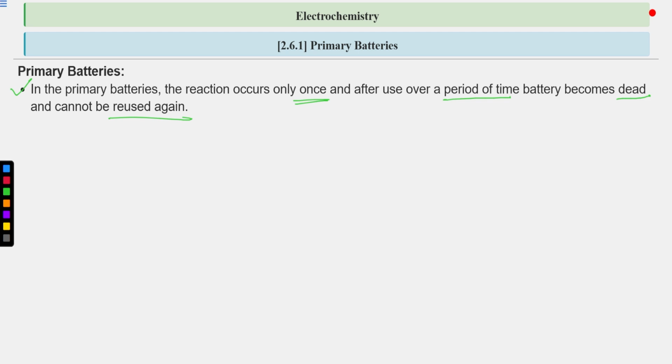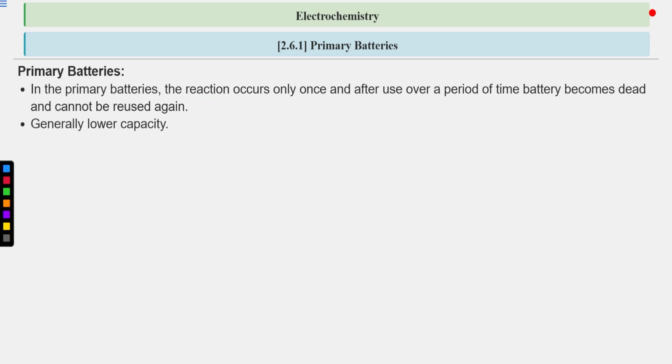So in the primary batteries, the redox reaction, which converts the chemical energy of the reaction to electrical energy, occurs only once, and after use over a period of time, the battery becomes dead. It cannot be reused again.